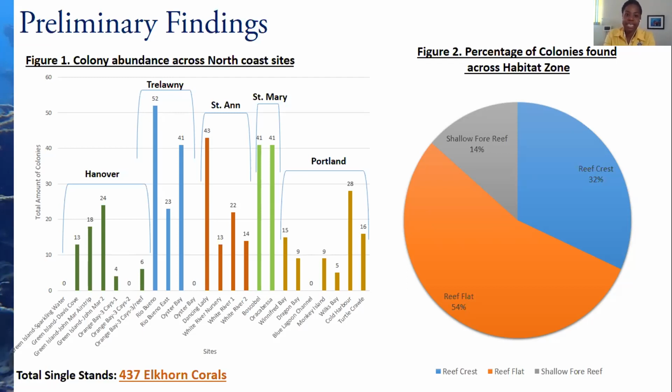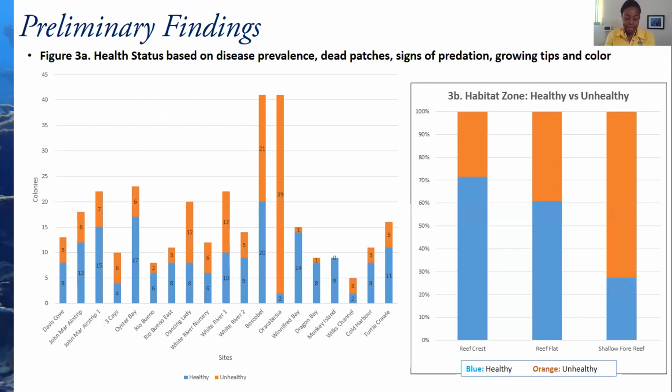So unfortunately, the Acropora that we're finding on the reef crest are probably not in the same numbers that we would have seen in the past. Now, our health status.